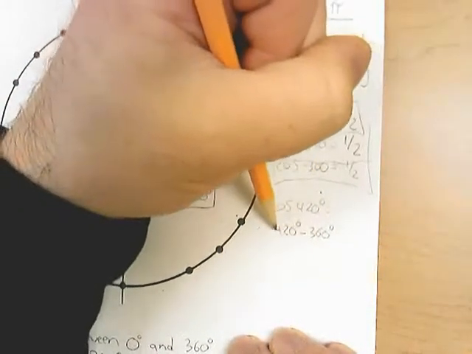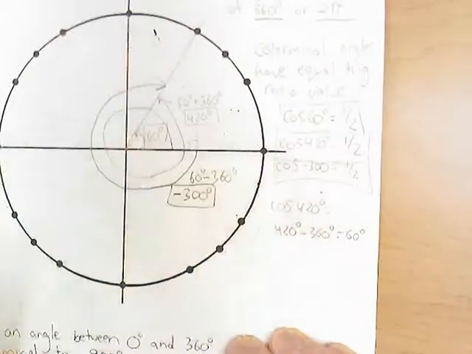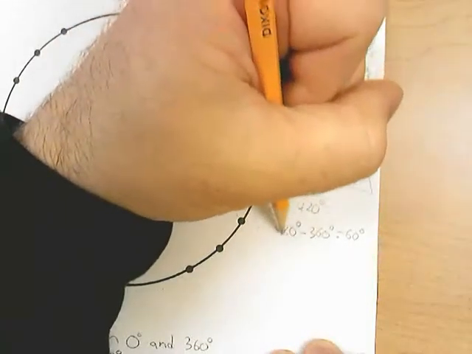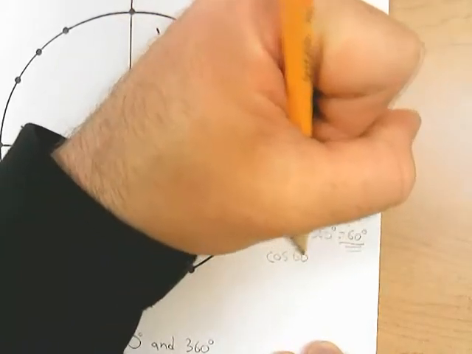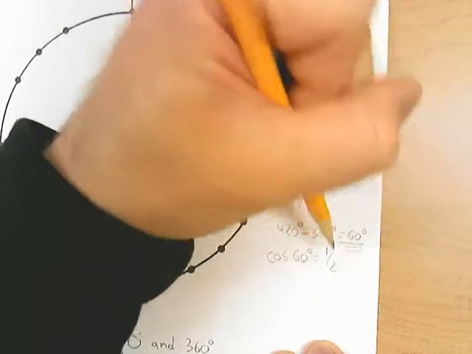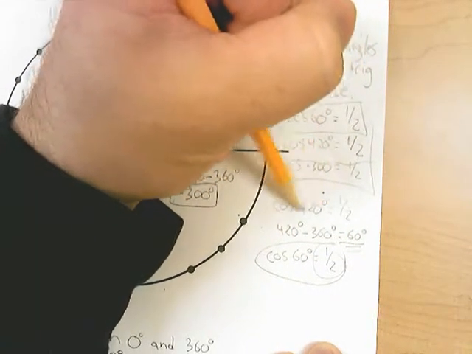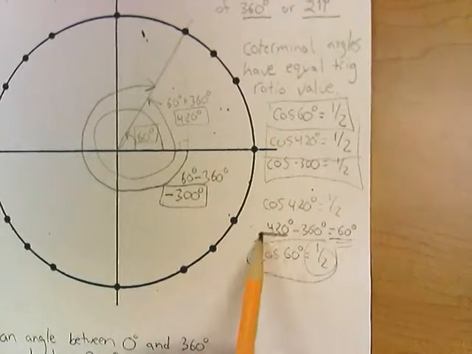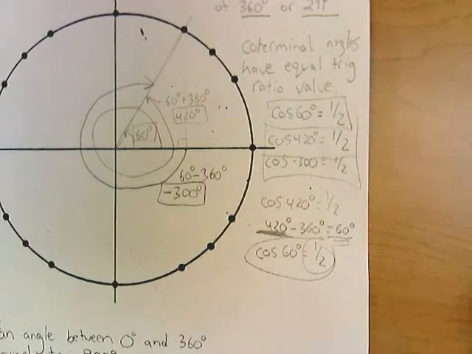So I would first go 420 minus 360 is 60, and I'm certainly not saying that 60 and 420 are the same angle value, but when I find the coterminal angle, I can then get my cosine, which is 1/2, and essentially then know the value for cosine of 420. So we use coterminal angles to take large angle values and get something a little bit more recognizable, or between 0 and 360, to reference, right?